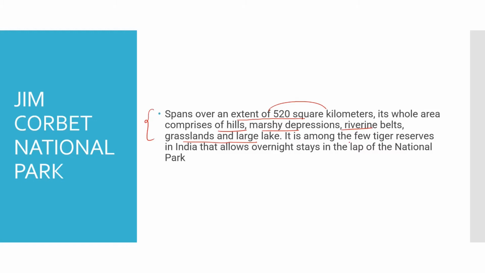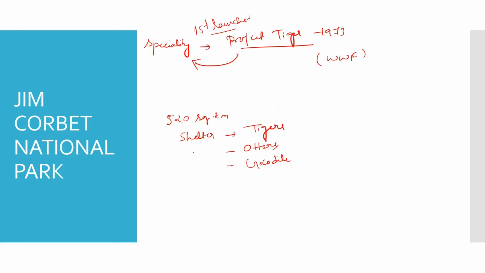It is also among the few tiger reserves in India that allow overnight stays in the national park. You can stay there at night, and there are different types of safaris we can take.